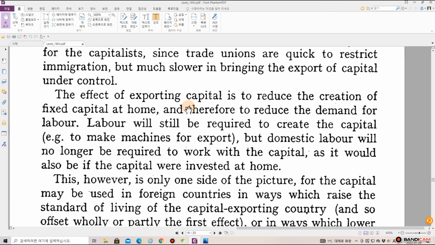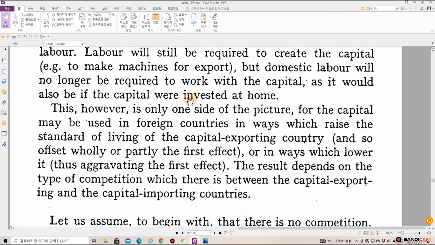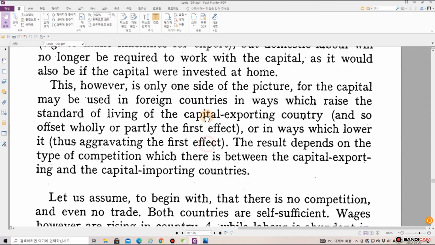The effect of exporting capital is to reduce the creation of fixed capital at home, and therefore to reduce the demand for labor. Labor will still be required to create the capital, e.g., to make machines for export, but domestic labor will no longer be required to work with the capital, as it would be if the capital were invested at home.